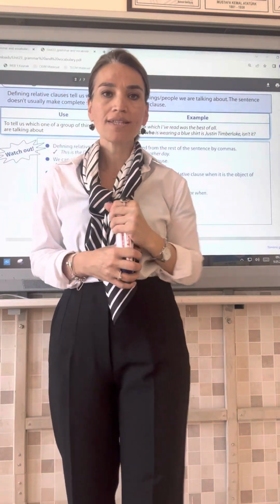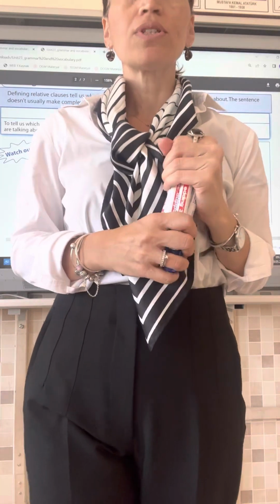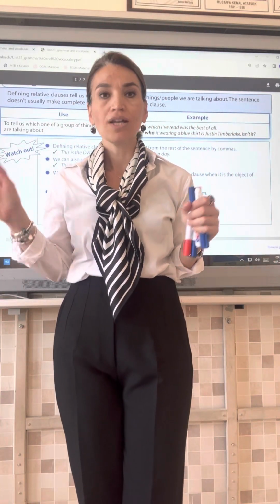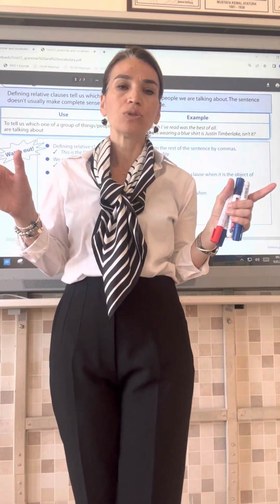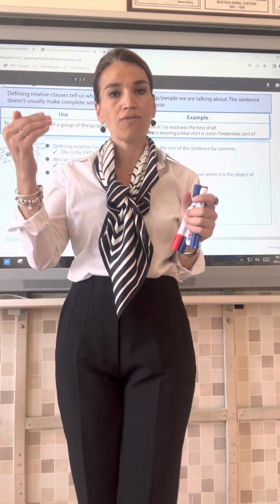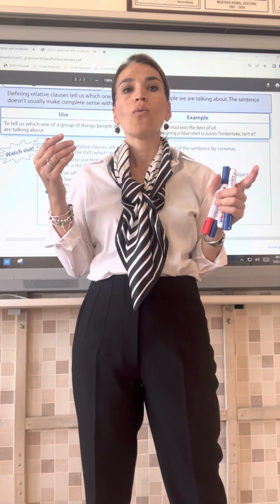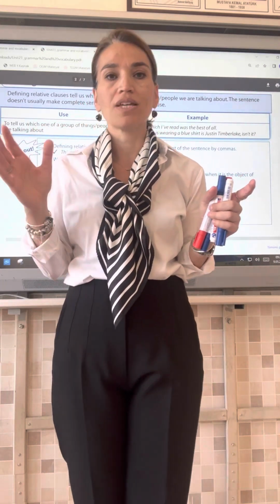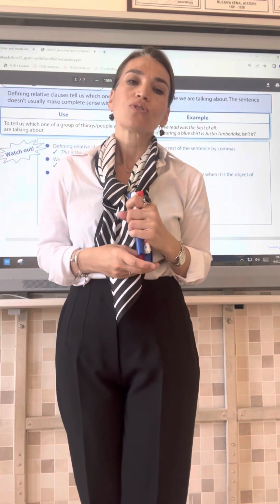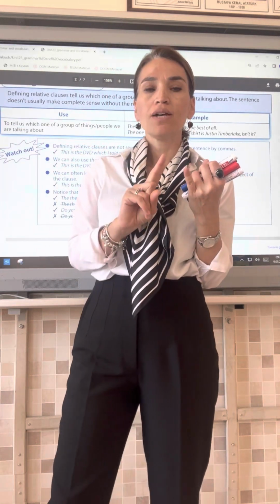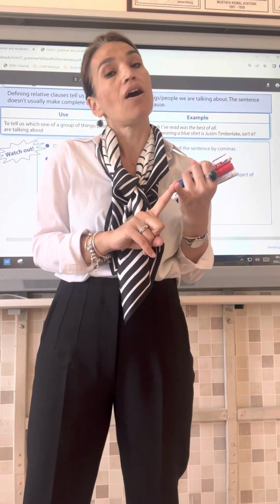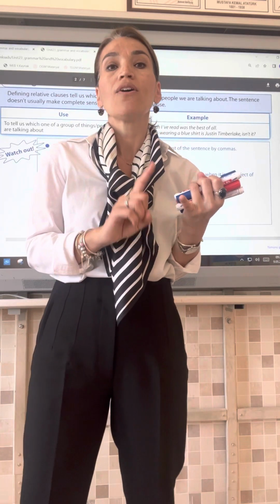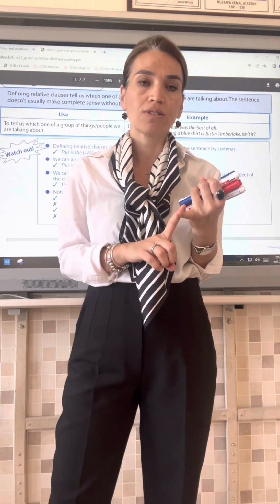So let's make a summary for the relative clauses. As I mentioned at the very beginning, relative clauses are used to give extra information about the things, the people, the places or the times that we are talking about. So for people we use who. If we want to give extra information about someone, we use who as the relative pronoun.